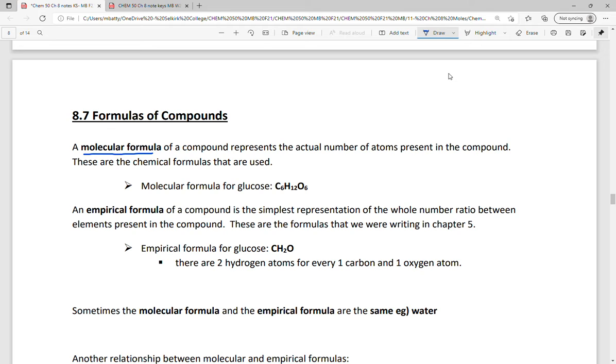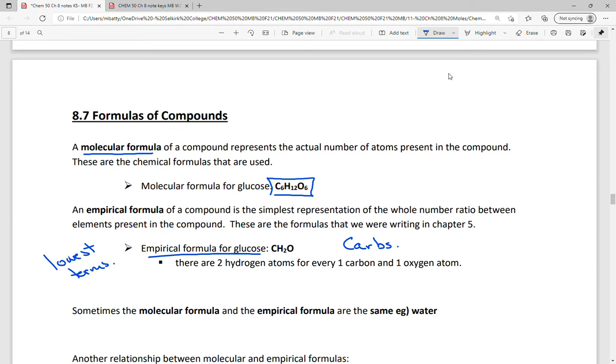The best way I can introduce this is talking about biology a little bit. So glucose molecular formula is C6H12O6. All carbohydrates have a fixed ratio of 1 part carbon, 2 parts hydrogen, and 1 part oxygen. The empirical formula for glucose is in lowest terms, if you will.